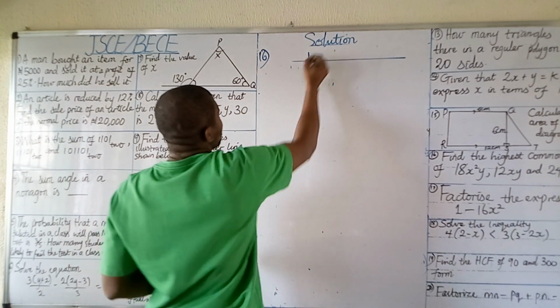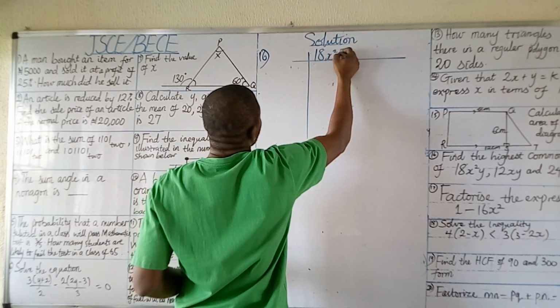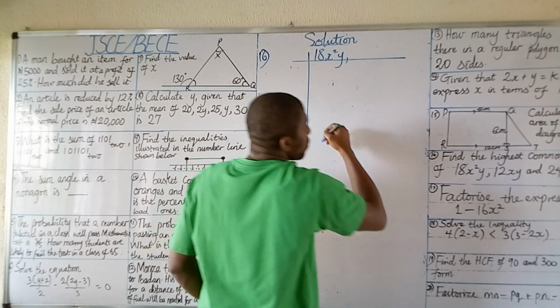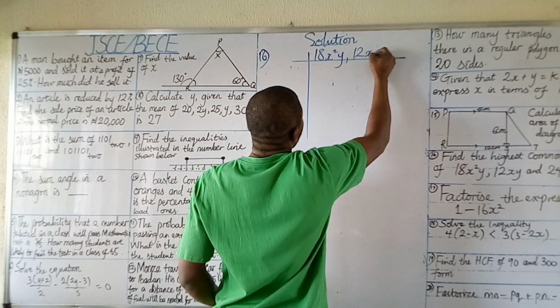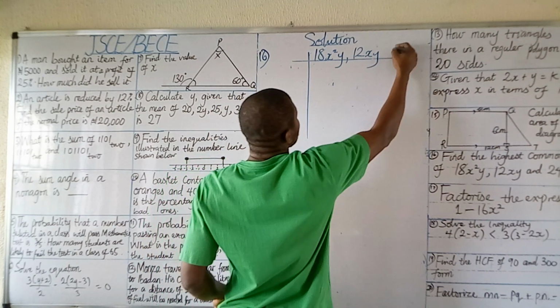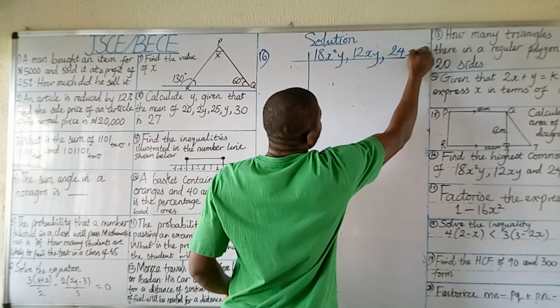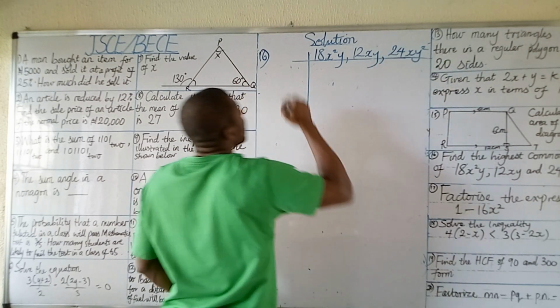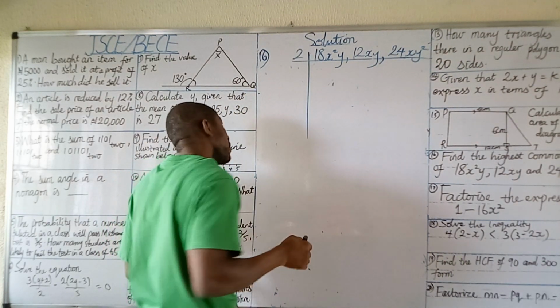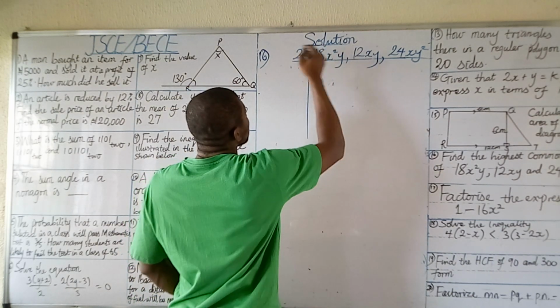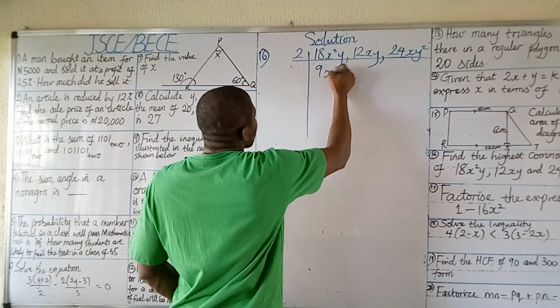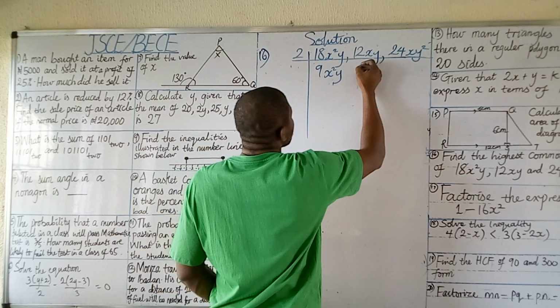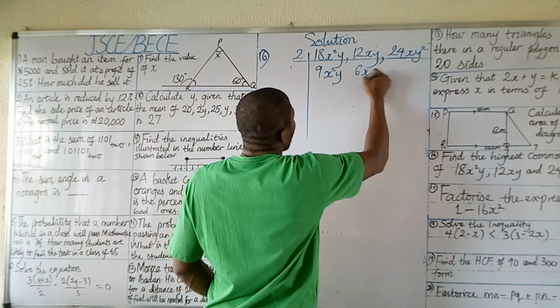The first that we have here says 18x squared y, followed by 12xy. Next is 24xy squared. Alright, so 2 can go in all. We start with the integers. 2 in 18 gives me 9x squared y. 2 in this gives me 6xy.